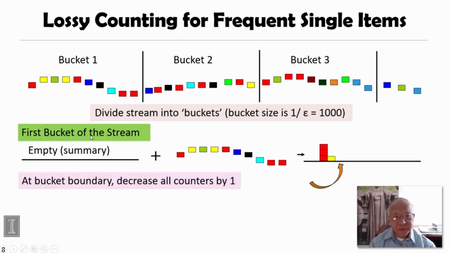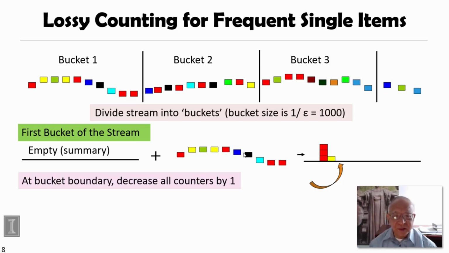At the very beginning, when the first bucket comes, you can assume the summary in main memory is empty. Then you get the first bucket of 1,000 items, and you start counting them. For example, you may count 4 red ones, 2 yellow ones, 1 green one, 1 blue one, black, and so on.